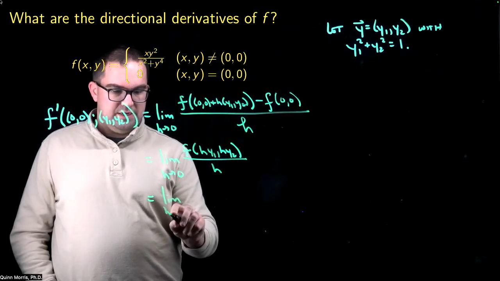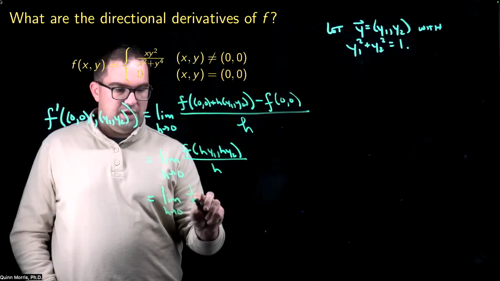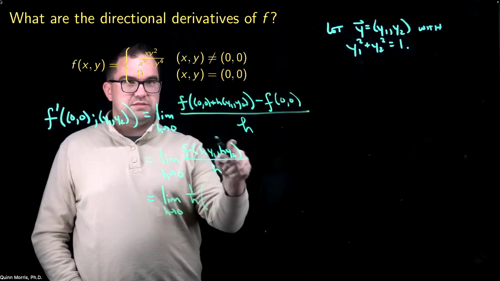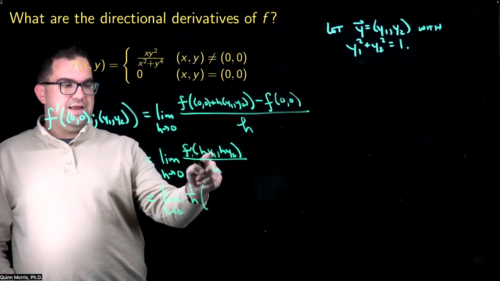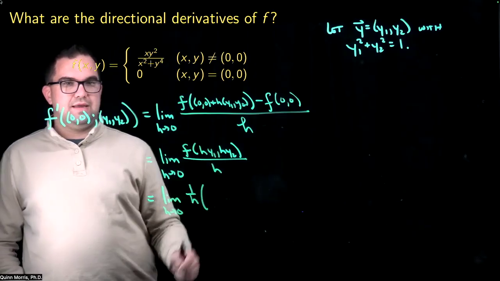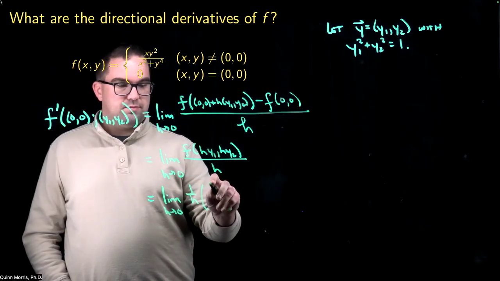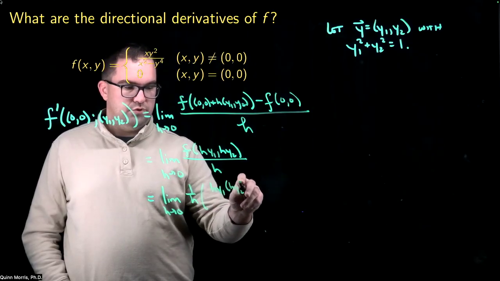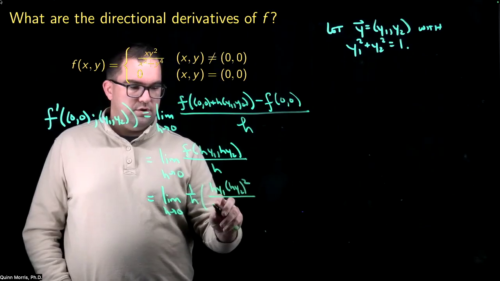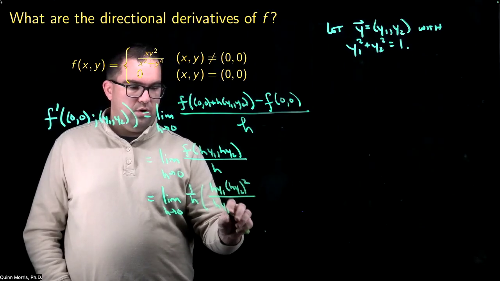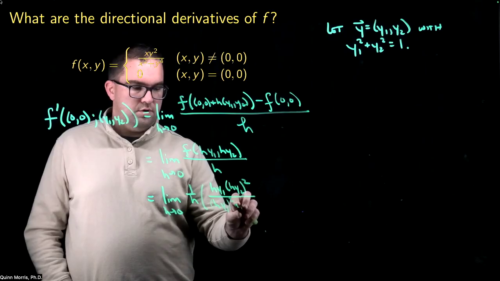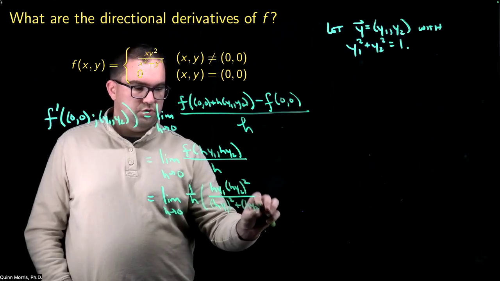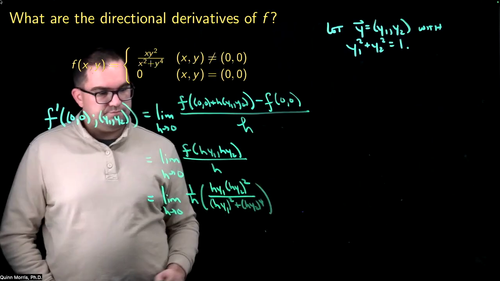So this will be the limit as h goes to 0 of 1 over h times, for x, I plug in h y1, and for y, I plug in h y2. I get h y1 times h y2 squared, divided by h y1 squared plus h y2 to the 4th.